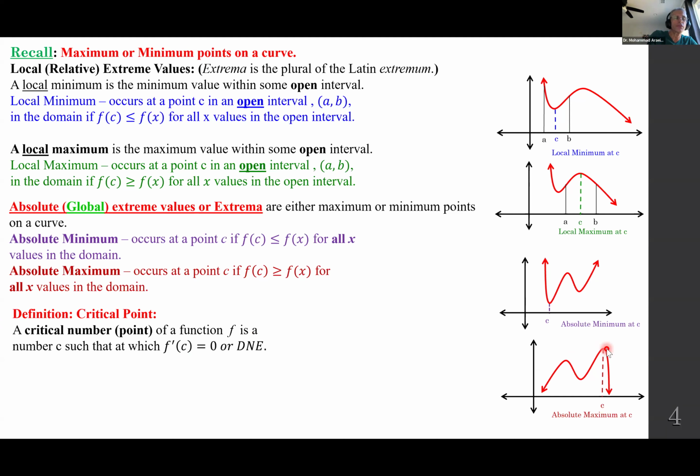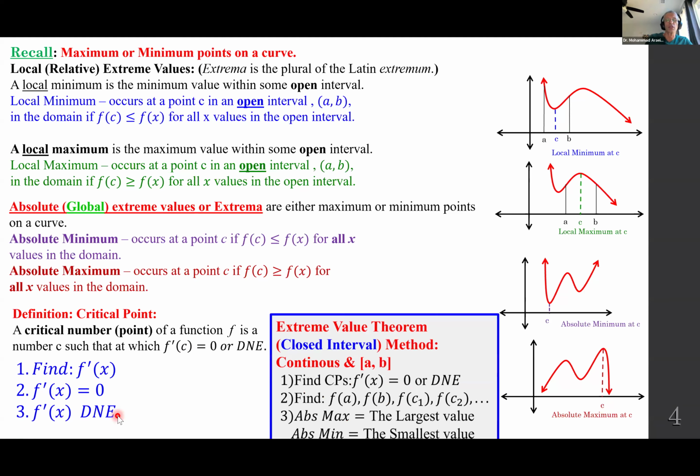A critical point is defined as such: a critical point of a function f is a number such that f prime is either 0 or does not exist. And the steps are: find f prime, set it equal to 0 to find the solutions, and find where it is undefined or does not exist.